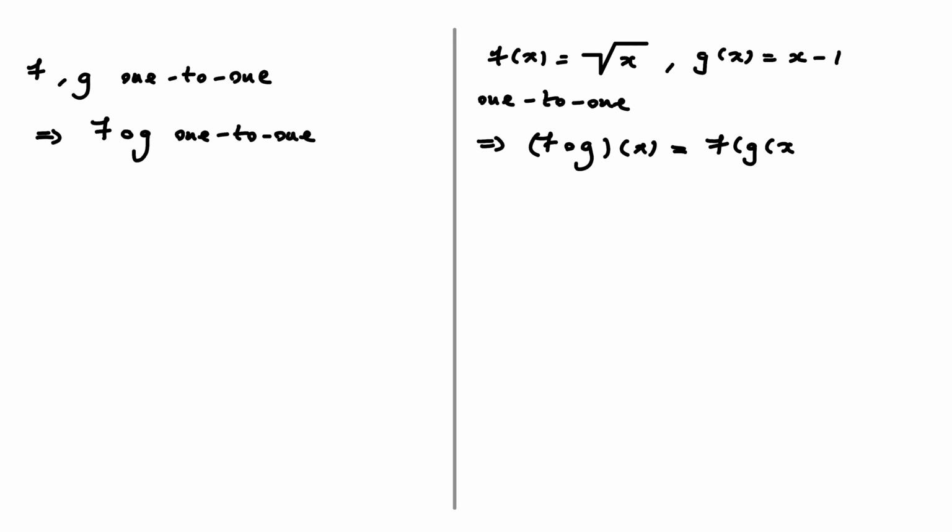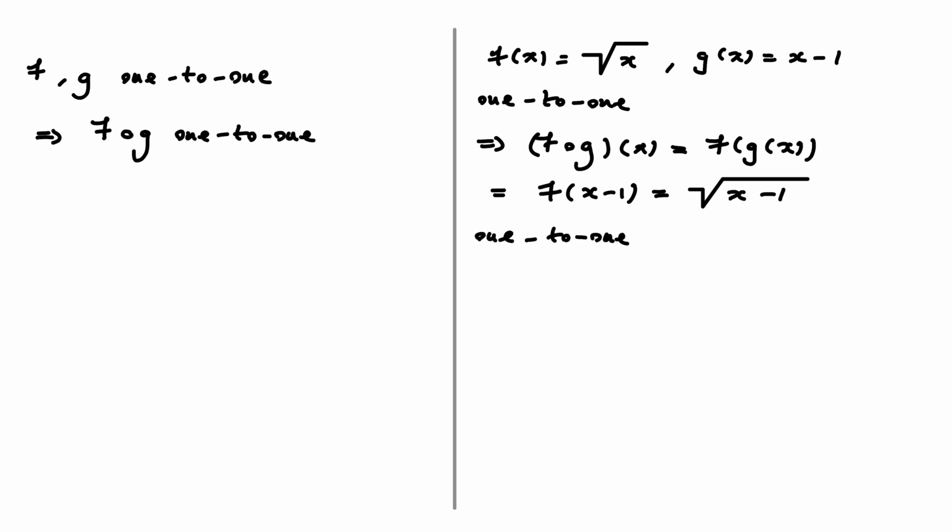That's the definition of the composite function. So this is equal to f of g of x, where g of x is equal to x minus 1. So this would overall be equal to the square root of x minus 1. This is one-to-one. Nice.